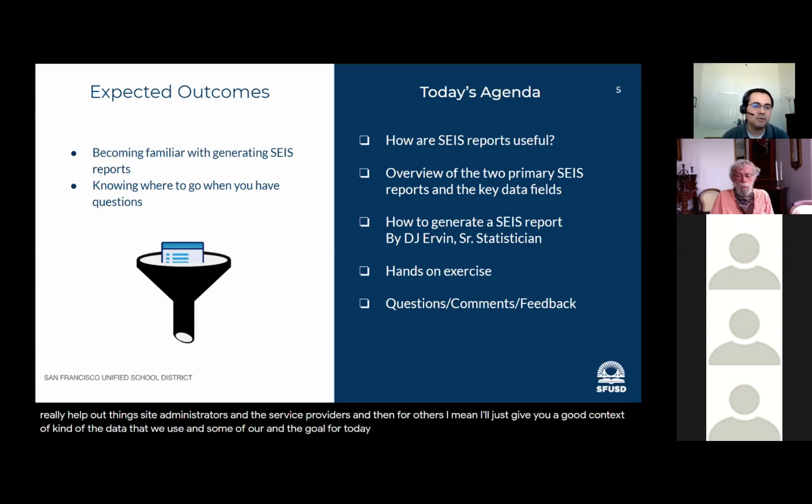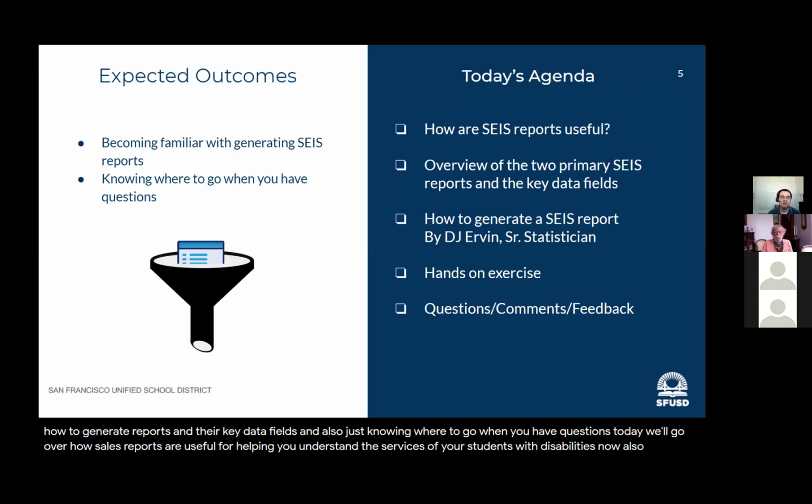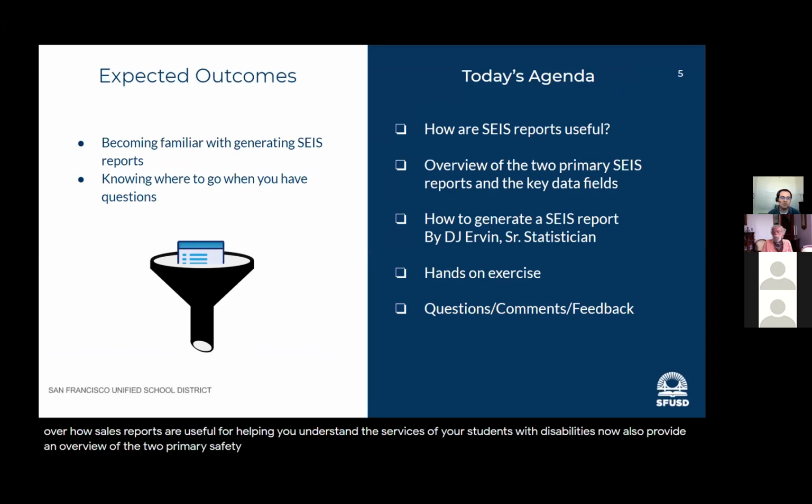The goal for today is for you to come away being familiar with SEIS and how to generate reports and their key data fields, and also knowing where to go when you have questions. Today we'll go over how SEIS reports are useful for understanding the services of your students with disabilities. I'll also provide an overview of the 2 primary SEIS reports you can generate.